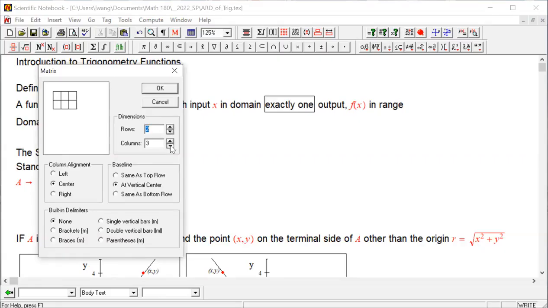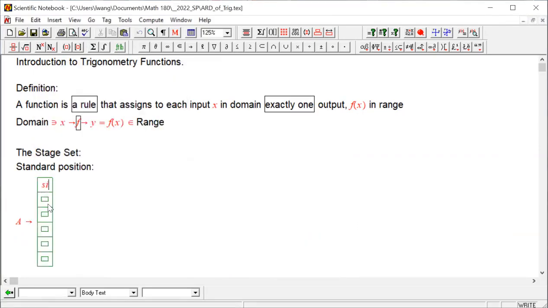Let's just say one column, all six functions: sine, the rule of sine, cosine, the rule of cosine, tangent, the rule of tangent, cotangent, the rule of cotangent, cosecant, and secant.